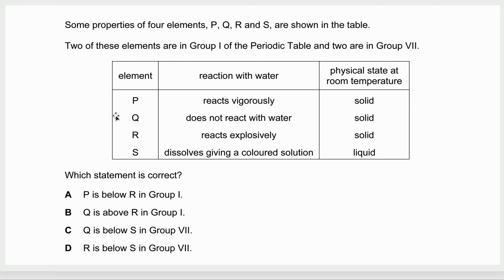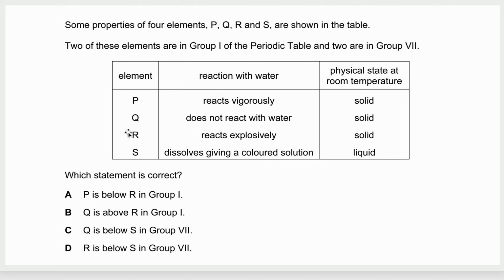Then Q, it says does not react with water and it's a solid. So this could be something like, the only solid in group number 7 is iodine, so this is basically iodine. Then it says that R reacts explosively and is a solid.